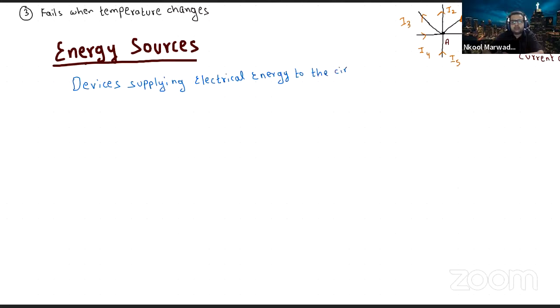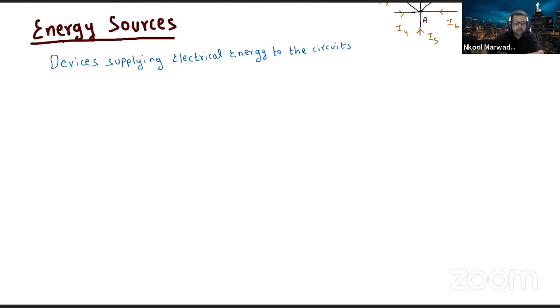Now these energy sources are categorized as voltage sources and current sources. So first we will discuss the voltage source, then we will discuss the current source. Voltage sources.